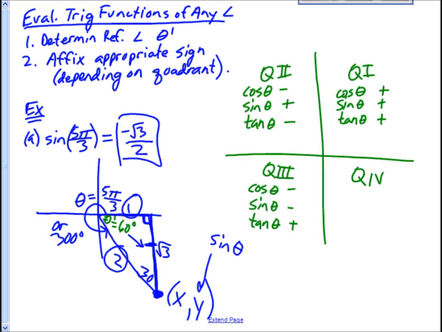Quadrant 4, okay, your cosine, whoops, oh, that drives me nuts. Your cosine, your x value here is positive. Your sine, your y value is negative. Your tangent is going to be negative. Sine over cosine, negative over positive.